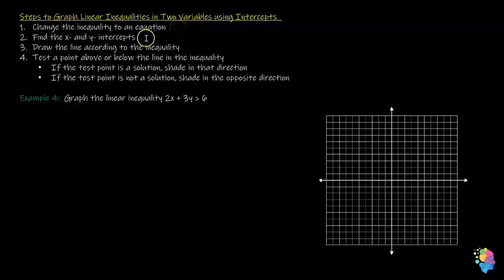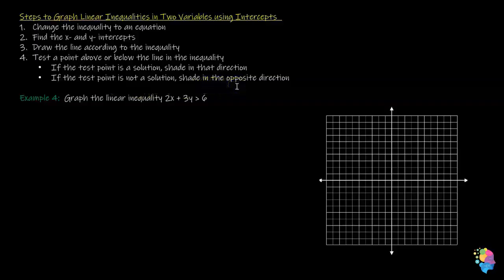Then we're going to find the x and y intercepts. We're going to draw the line according to the inequality, but this time we're going to have to test a point above or below the line. If the test point is a solution, then we shade in that direction. But if the test point is not a solution, then we're going to have to test in the opposite direction.